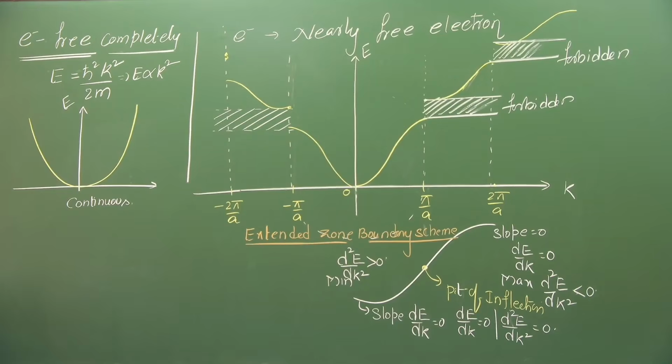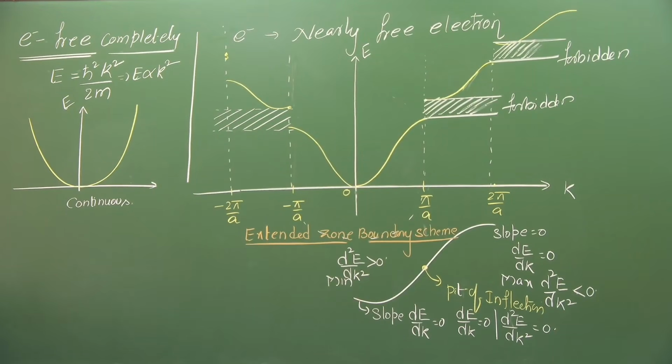Then if any points I didn't explain properly, that may fulfil. In the free electron we got a parabola, but in nearly free electron, the top and bottom have concave and convex shapes, something like that.